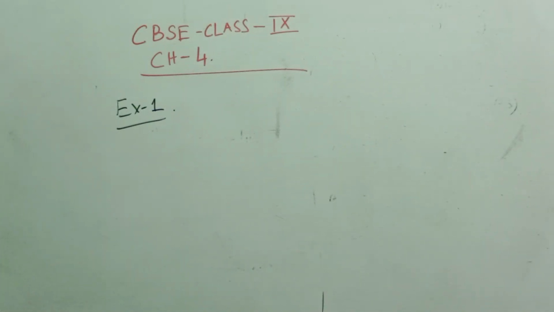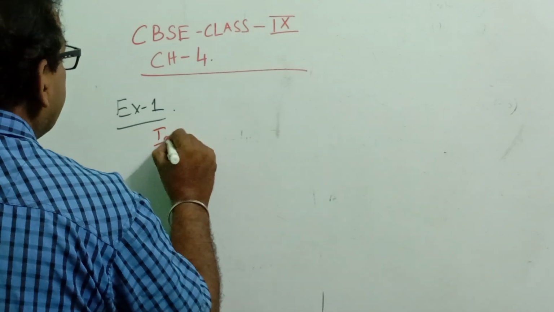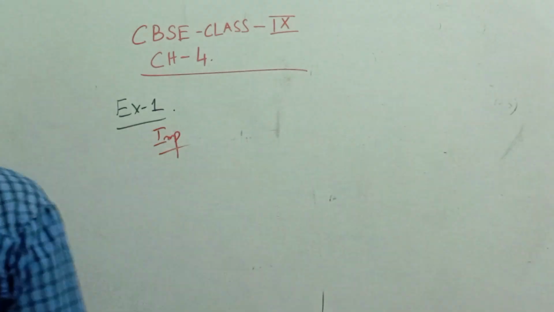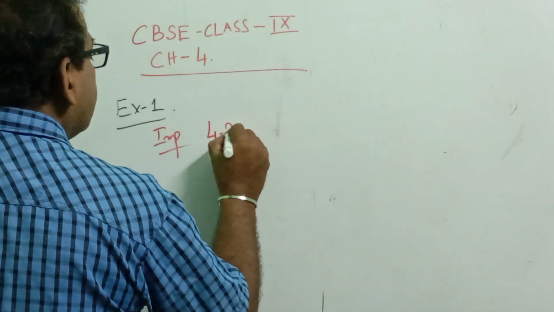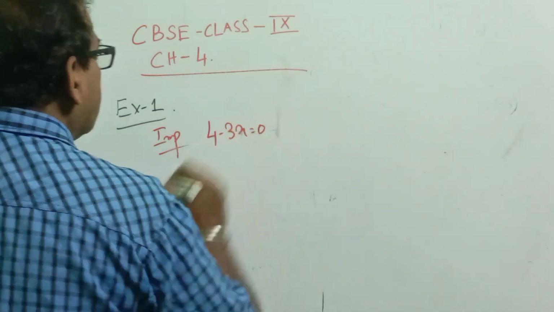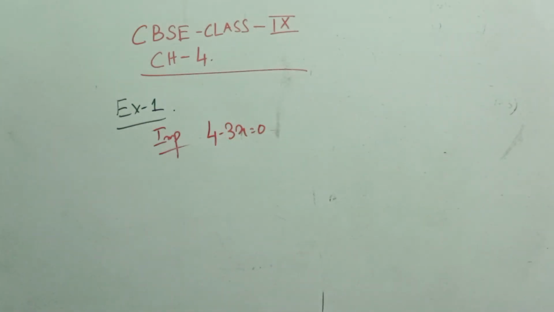Now they have given very important. 4 minus 3x is equal to 0. There is no y. So how can we write that?